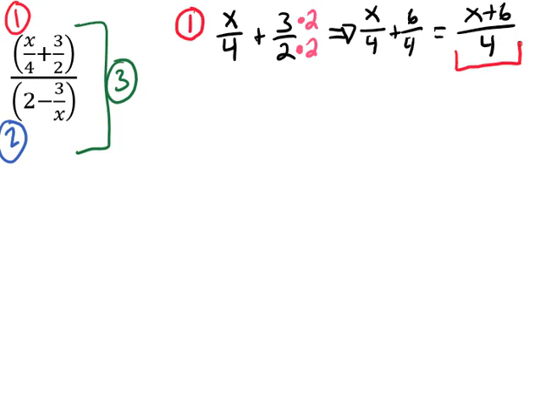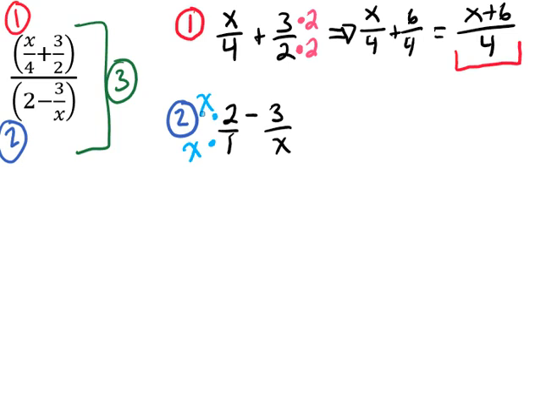Okay? So now we're ready to look at our second problem. And our second problem is 2 minus 3 over x. So remember that 2 means 2 over 1. And so in order to do this problem, we want to multiply to get common denominators.